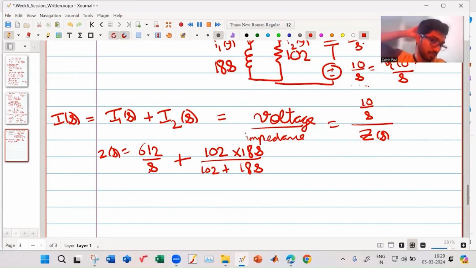Is this part clear? The capacitor is in series with the L and R parallel combination, it will remain the same.